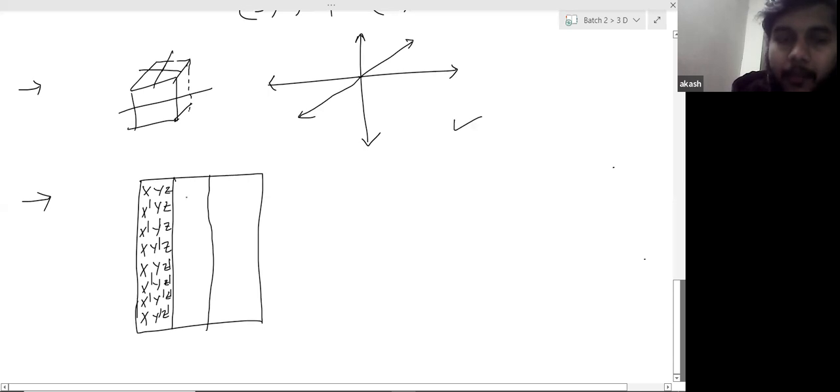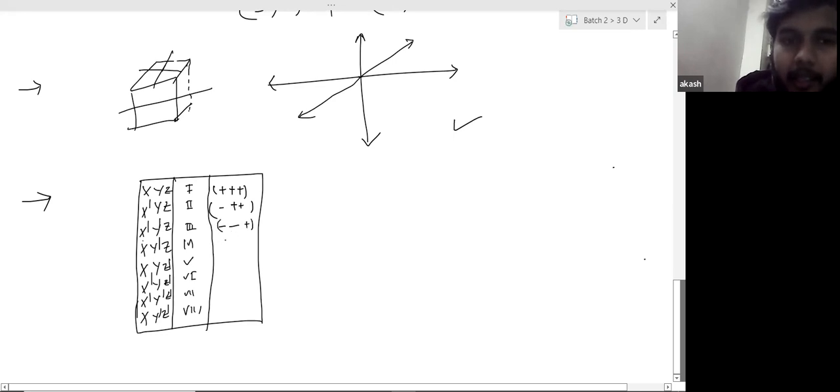This is the first quadrant, this is the second quadrant, third, fourth, fifth, sixth, seventh, and eighth. In here all 3 are positive. In here x is negative, but y and z are positive. In here x dash means x is negative, y dash means y is negative, but z is positive.